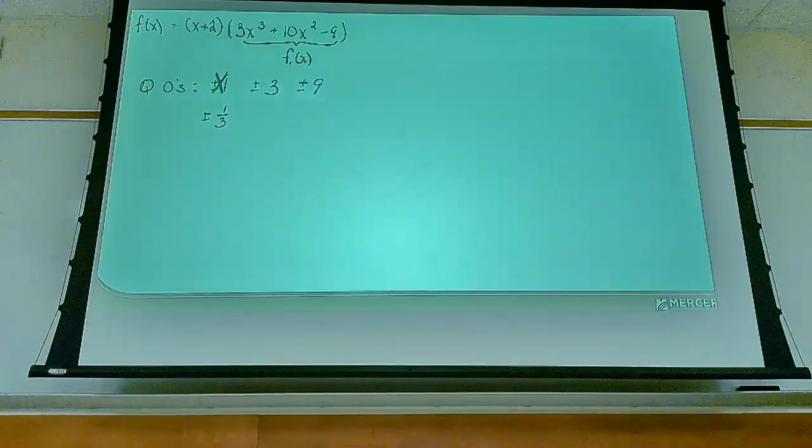So that just saves you some time. There's no point checking 1 and -1. They can't be zeros. You already checked them. So now it's either going to be plus or minus 3, plus or minus 9, or plus or minus 1/3 as the possible rationals. So we have to check them.